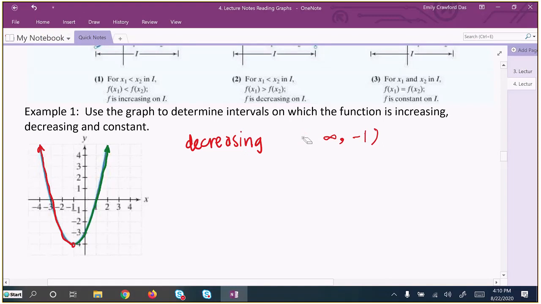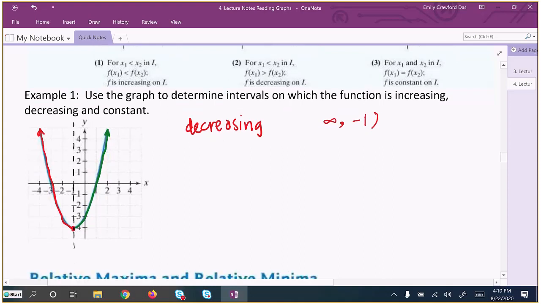Because at this point where it changes from decreasing to increasing, x equals -1, at exactly this point it's impossible to say whether the function is increasing or decreasing. It's in between. At a single point, the function is neither increasing nor decreasing. So we don't include -1 in either of the intervals.